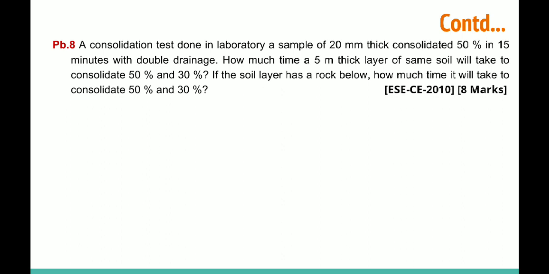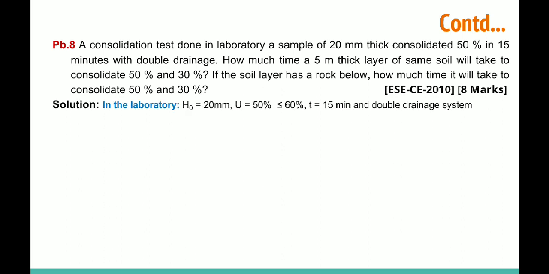In the second part we have to calculate it for a single drainage system, because if the soil layer has a rock below, water cannot go from the bottom, it can go only from the top. Let's calculate one by one.